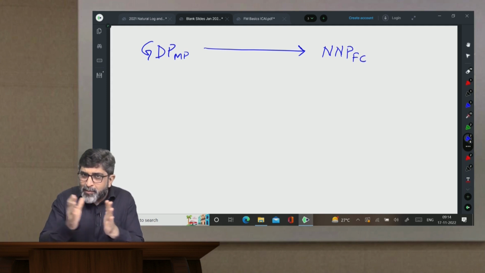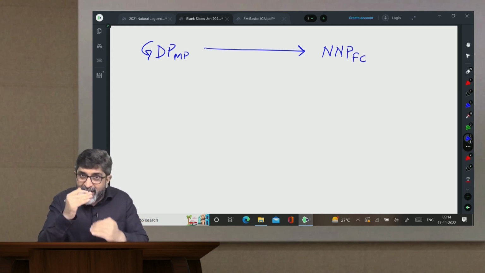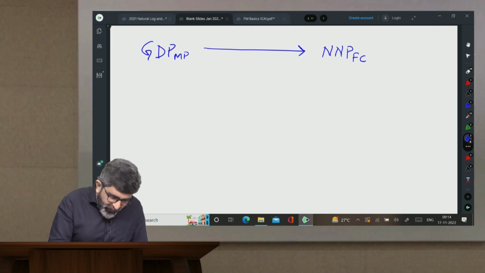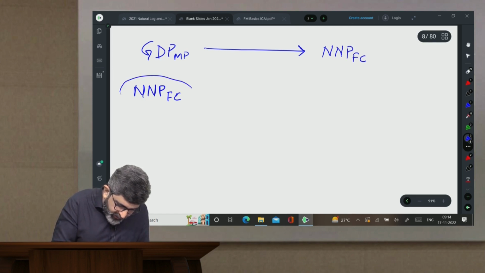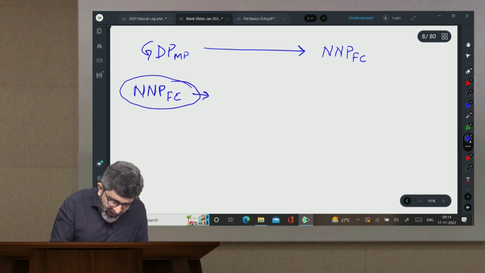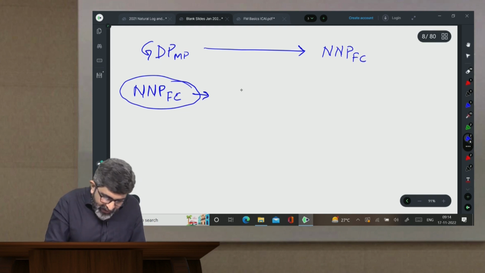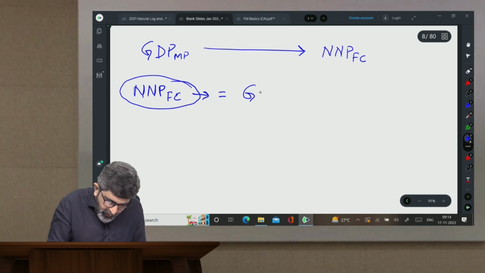So go systematically, I'll guide you how to think. First, I want NNP at factor cost. This is what I want, right? To arrive at this, what is the base available? This base is available to us in the form of GDP at market price.